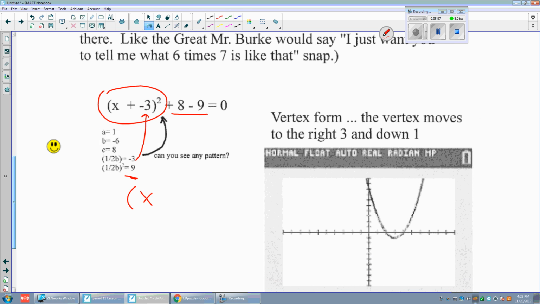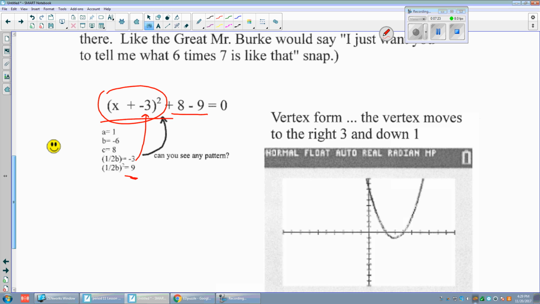So technically, this is x plus half b, quantity squared, plus whatever that c number is, minus half b squared equals 0. Okay, that's kind of complicated to remember. So we're not going to try to remember it. We're not going to try to memorize that formula.